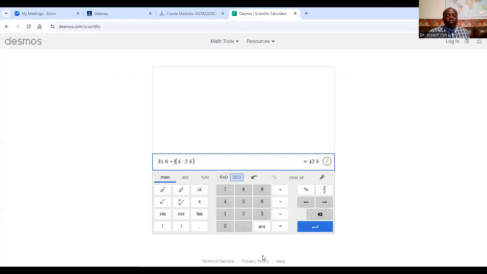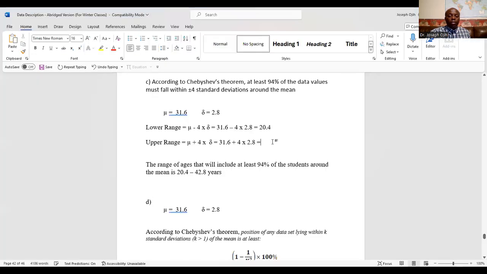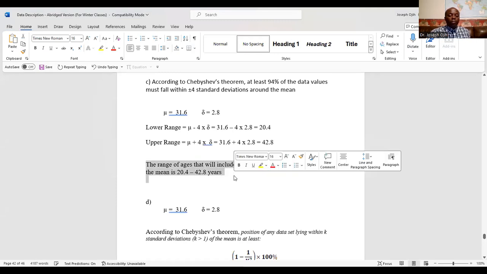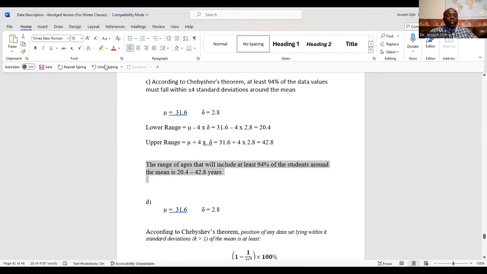So I'm going to type it in. Which means that the range of ages that will include at least 95% of the students around the mean is 20.4 to 42.8 years. So that answers that question.